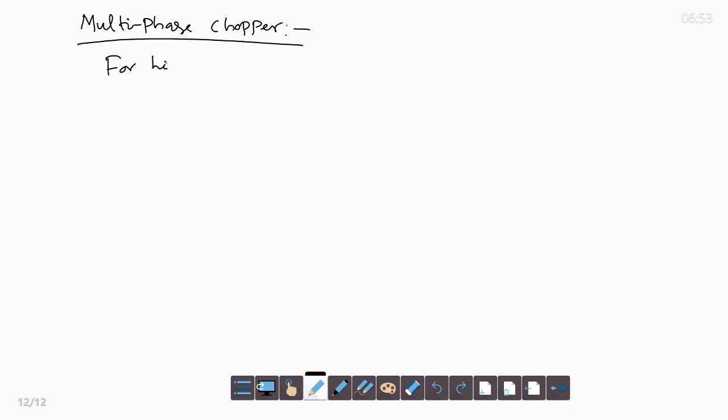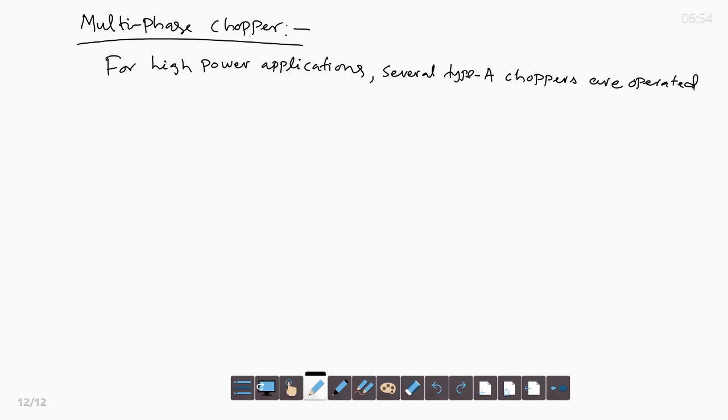For high power drives, or any other applications where power is high, several type A choppers are operated in parallel.